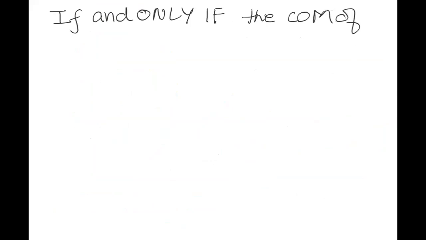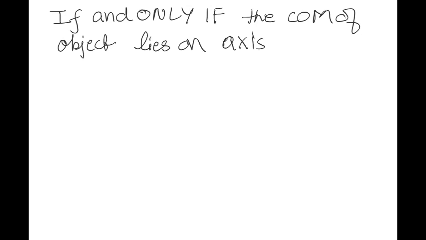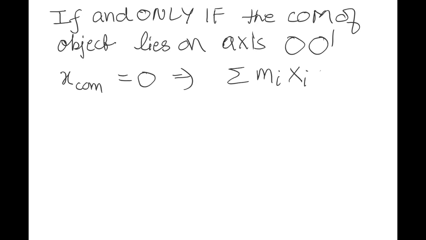Now what we say is that if and only if the center of mass of the object lies on the axis OO dash, the x coordinate of the center of mass will be equal to 0, which will imply that summation mixi will be 0.